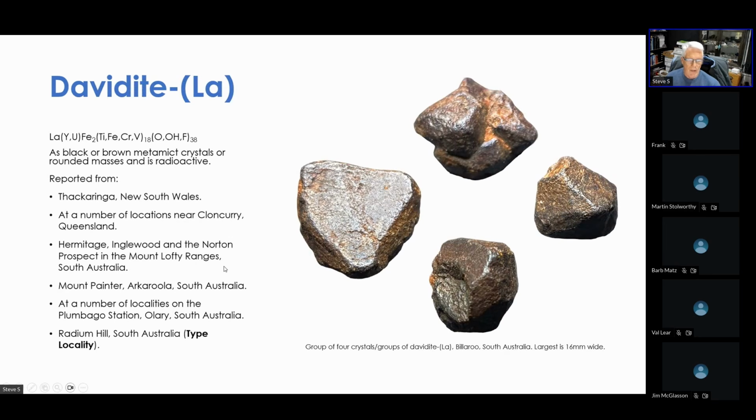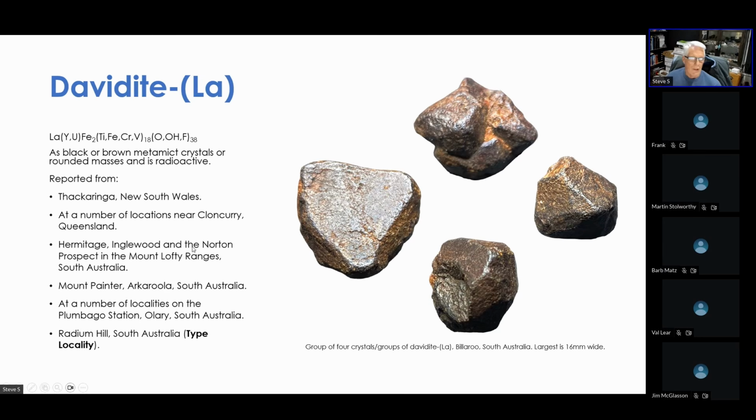And Davidite comes in, I think, about 3 different rare earth versions now. The Davidite La, which used to be just called Davidite, was from Radium Hill originally in South Australia, the type locality. It's generally metamict, so no crystallography.